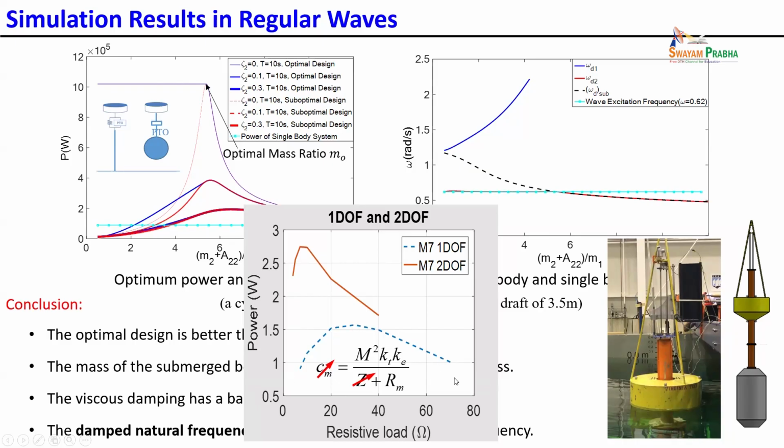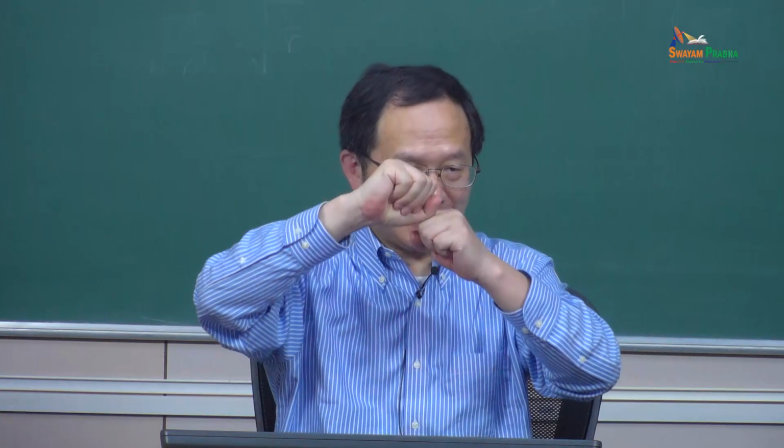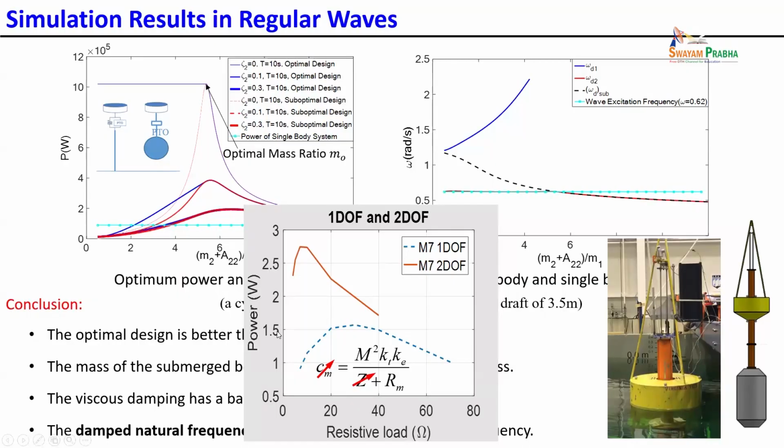Just imagine, if PTO damping is 0, the power output will be 0. If PTO damping is infinity, then these two stick together and it wouldn't move. So there is a best PTO damping in which the system will achieve 1.5 watts.